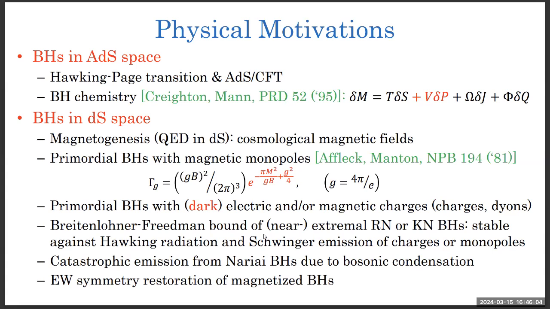And we understand very well about Hawking-Page phase transition and AdS/CFT and black hole chemistry in AdS space. Actually, AdS space has the property of confining particles, so it provides a kind of pressure. So actually that completes the thermodynamics.